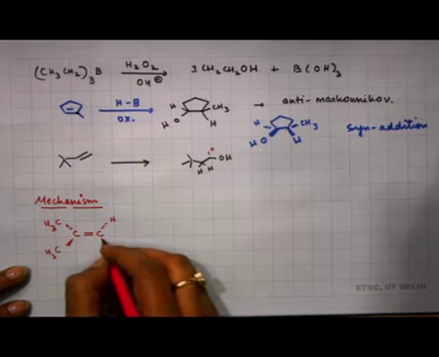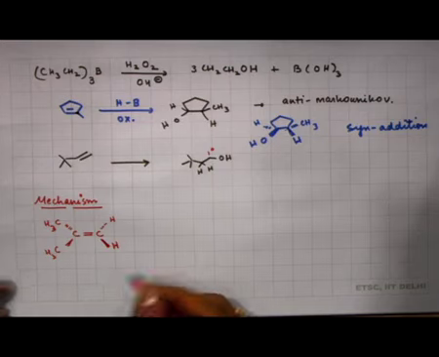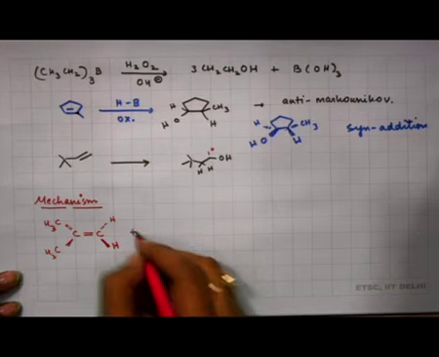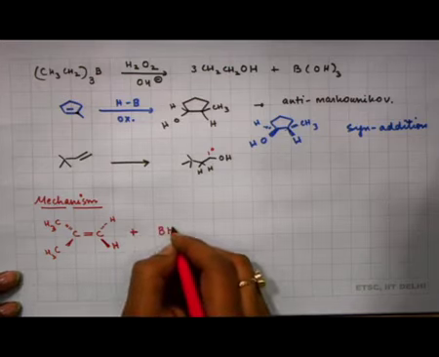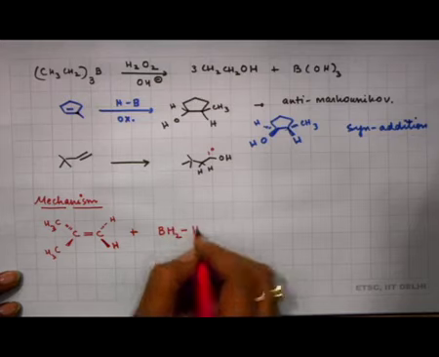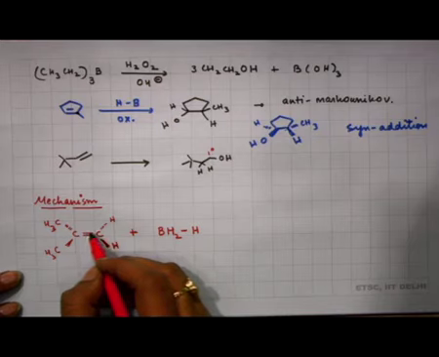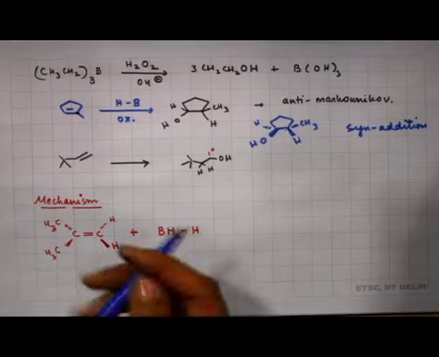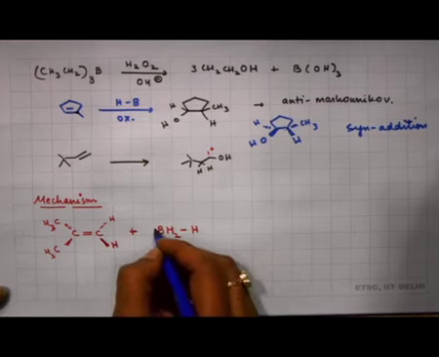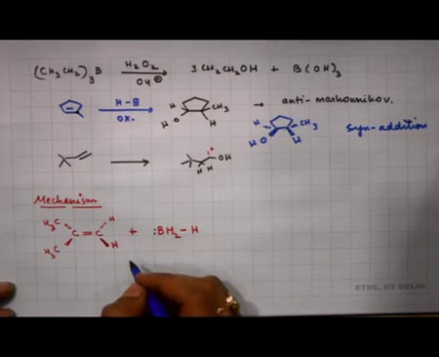So, we have 2 hydrogens shown with the dashed and the wedge, and this is treated with diborane or the boron hydride. So, the first step is the transfer of this electron density from the pi bond onto the electron deficient boron, the empty p orbital, right.